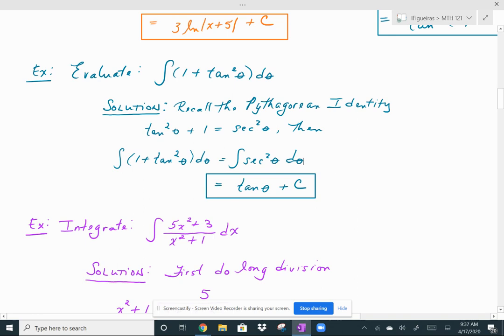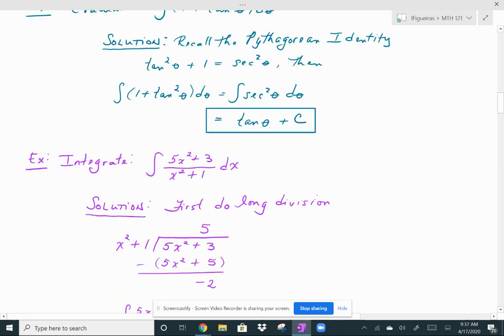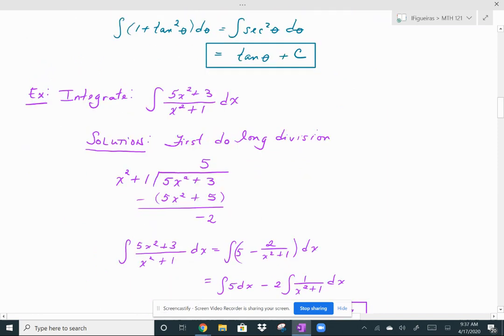Okay, let's move on to this one here in purple. We want to integrate 5x squared plus 3 over x squared plus 1 dx. So again, this one doesn't look like anything we're familiar with, and I can't separate this into individual terms so that I can use the anti-power rule.